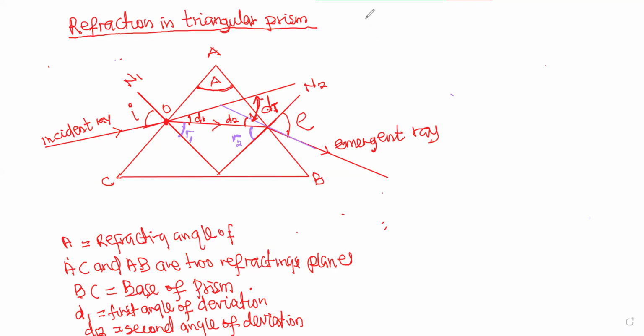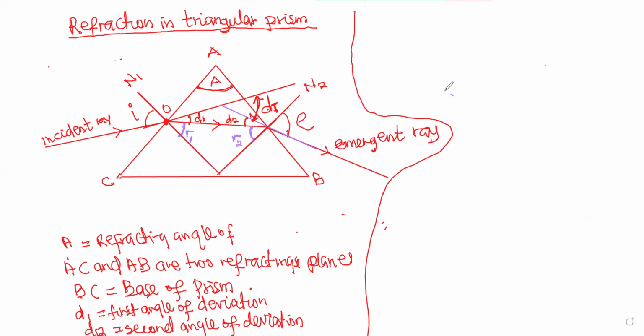Class, can you define R1 and R2? R1 is the first angle of refraction and R2 is the second angle of refraction. Then E is the angle of emergence.